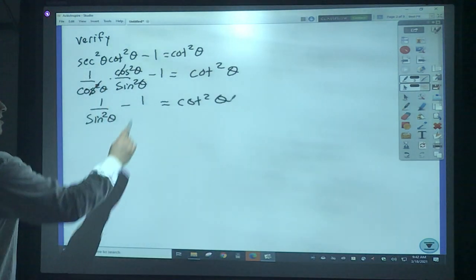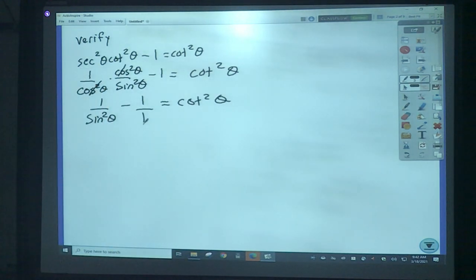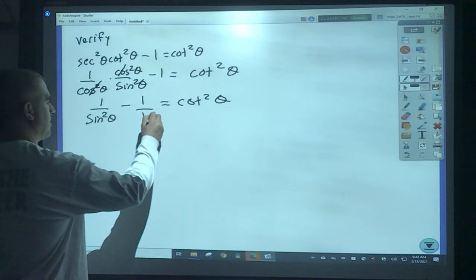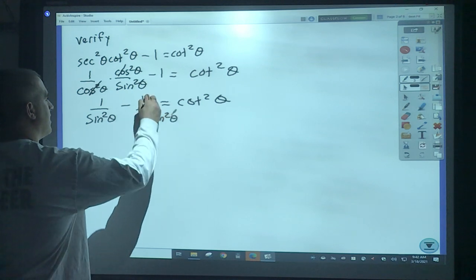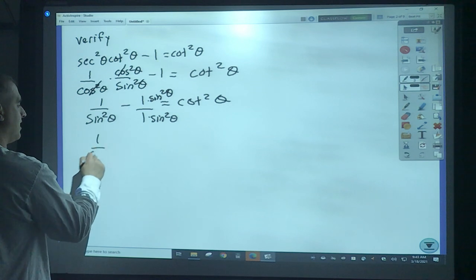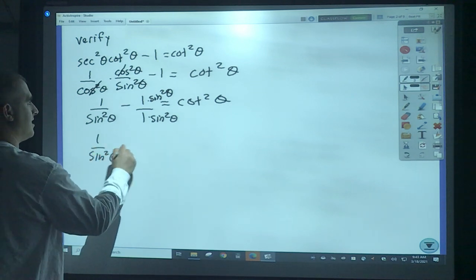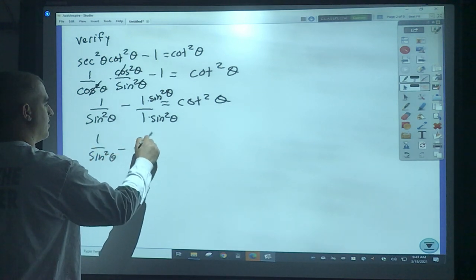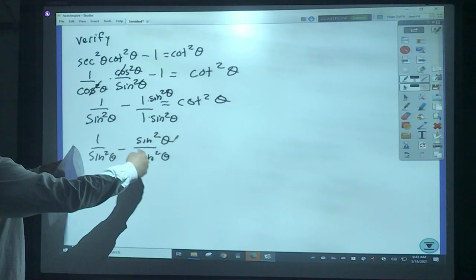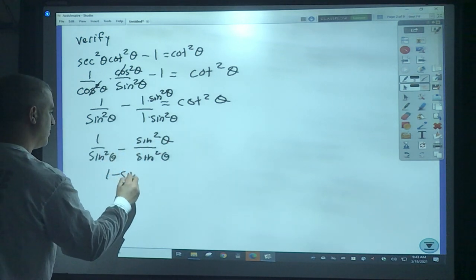Now, I want to get a common denominator, so I'm going to have to multiply this side by sine squared and this side by sine squared. So I got 1 over sine squared minus sine squared over sine squared. Now, because they have a common denominator, I can push those together.